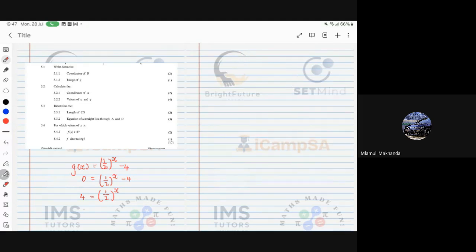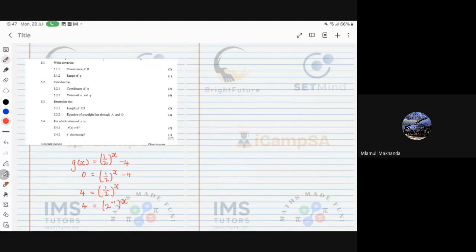So this can be rewritten as 2 to the exponent minus 1 times x. If you remember the laws of exponents, we just multiply minus 1 with x. So we have 4 is equal to 2 to the power of minus x.